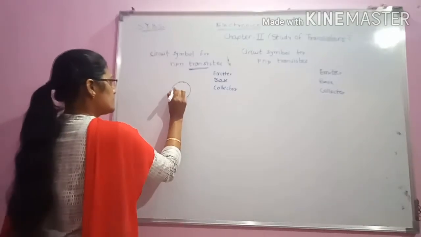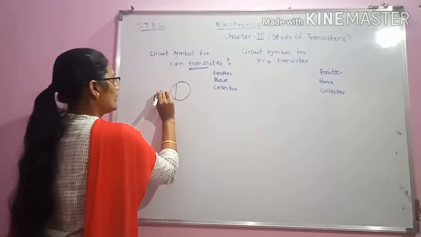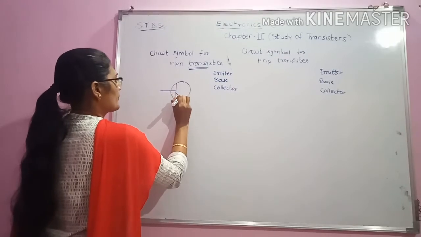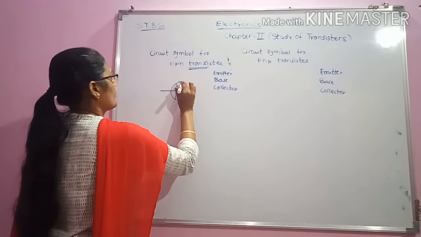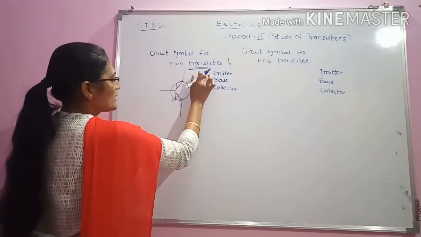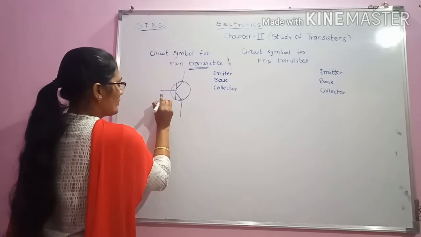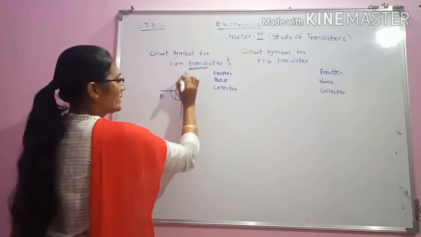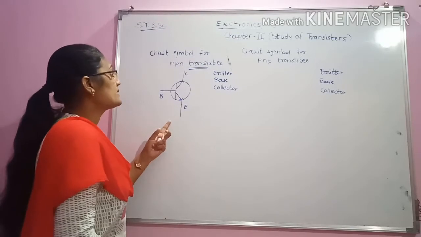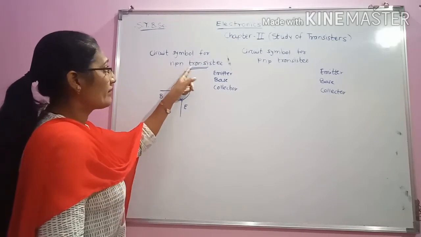So the circuit symbol for the NPN transistor: this is the base, this is the emitter portion and this is the collector portion. This is the circuit symbol for the NPN transistor.